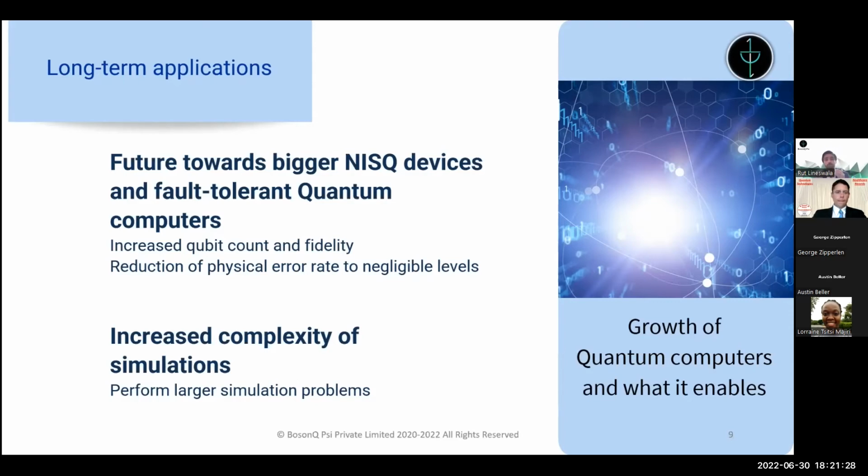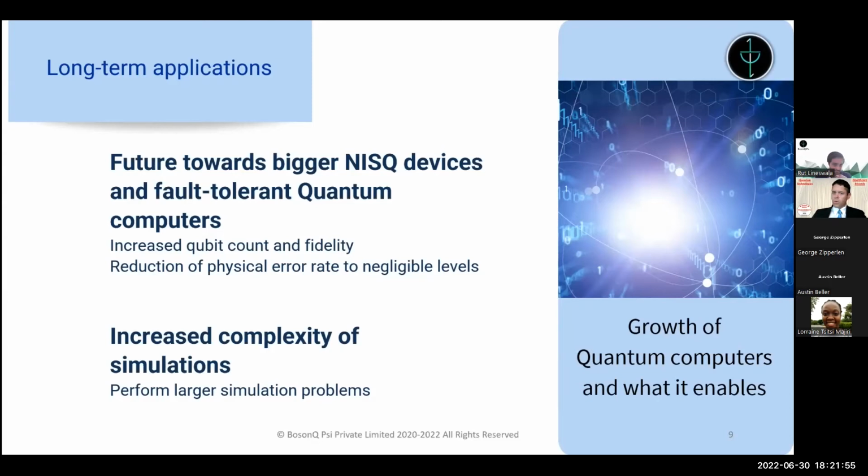And when we go to fault-tolerant quantum computers, errors will be at negligible levels, where we don't necessarily even need any post-processing with error correction codes, which we currently do. And they'll be at the same fidelity or accuracy as our classical computers are, 10 to the minus 16 type of accuracy.